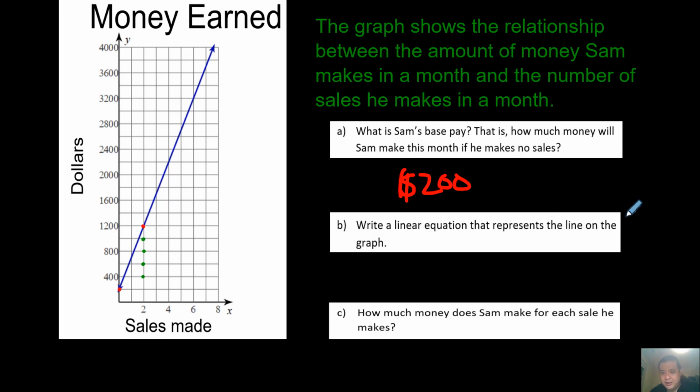We go up 1,000, and we go over one sale, two sales, so we go over 2. So that's 1,000 over 2, which is 500. So our slope is 500. So we have y equals 500x plus the base pay, which is $200.